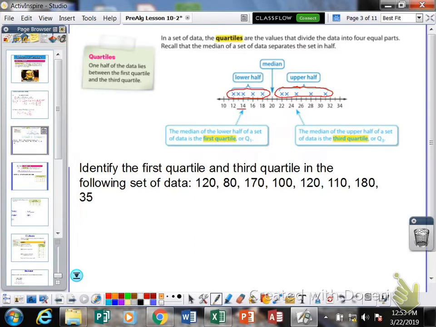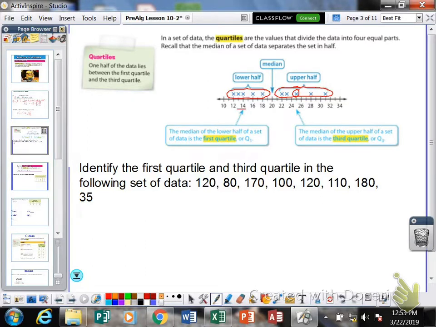One half can't have 4 and the other half 6. So to find our third quartile here, we're going to take the median of our upper half, which in this case is this point here, which is 25. So our Q3 would be 25.